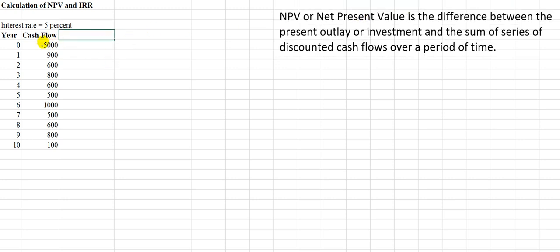So now, in order to calculate NPV, we require the discount factor, and we will get discounted cash flows.